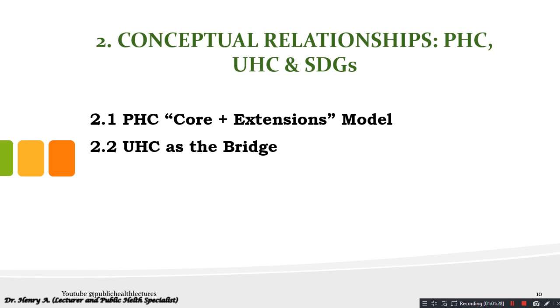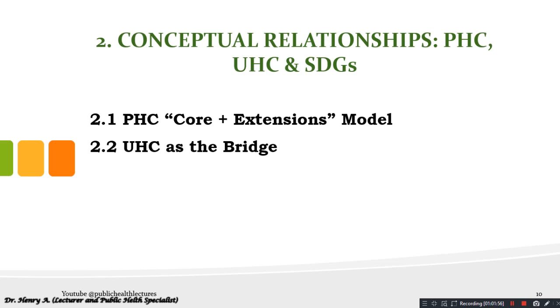In fact, WHO actually notes that 90% of essential universal health coverage interventions can be delivered through the PHC. And if we scale the PHC up properly, we can achieve about 75% of the health gains expected from the SDGs. And this is truly massive.